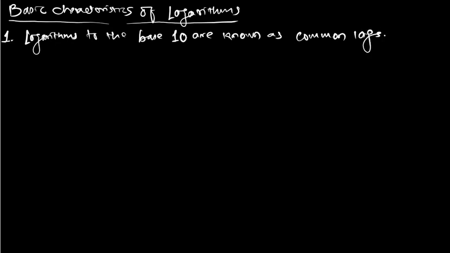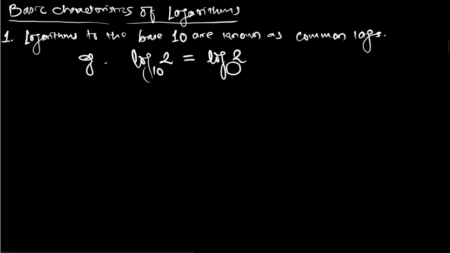Okay, so we can take an example, log of 2 to the base 10. Now this is an example of a common logarithm which can also be written as log of 2. So there is no base over here as you can see, right? If there is no base, that means the base is 10.